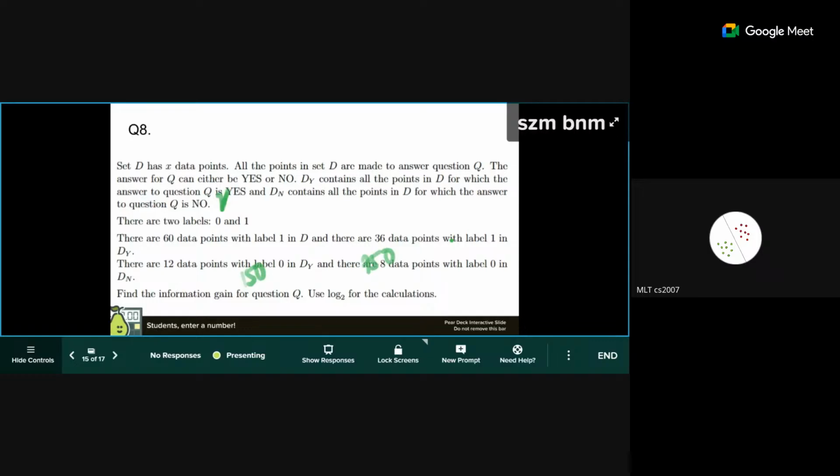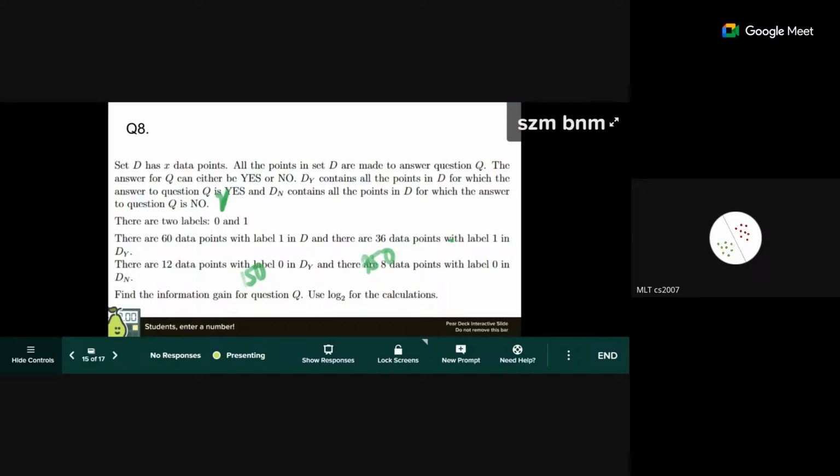So you have this data set D that has X points. Now all the points in D are made to answer this question Q. The answer to Q can either be yes or no. Dy is the set of all points for which the answer to the question is yes, and Dn is the set for which the answer is no. There are two labels, 0 and 1.